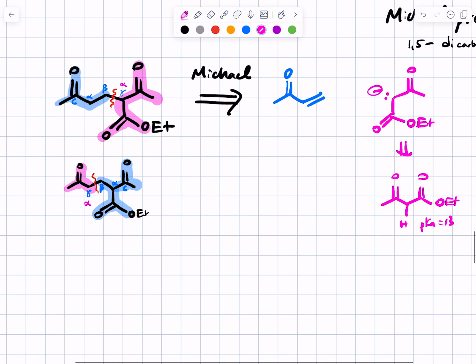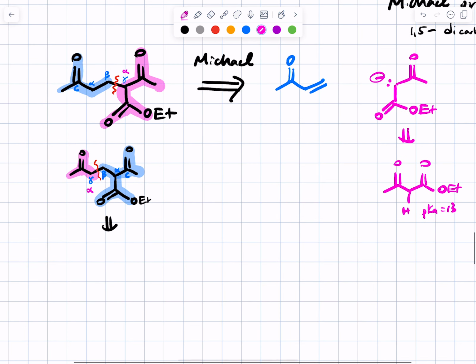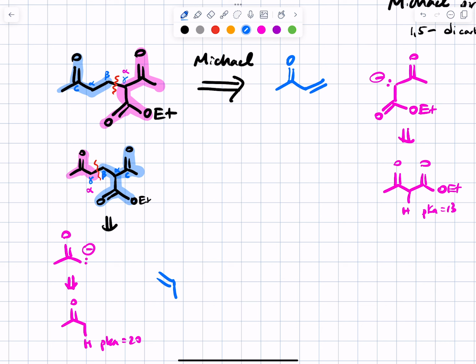If in contrast we tried to do things this way, our enolate would be like this, and that's the conjugate base of just a regular ketone whose pKa is around 20. Our alpha beta unsaturated carbonyl compound would have looked like this, and there's not necessarily anything wrong with this as an alpha beta unsaturated carbonyl compound, only it's a little bit more complicated.